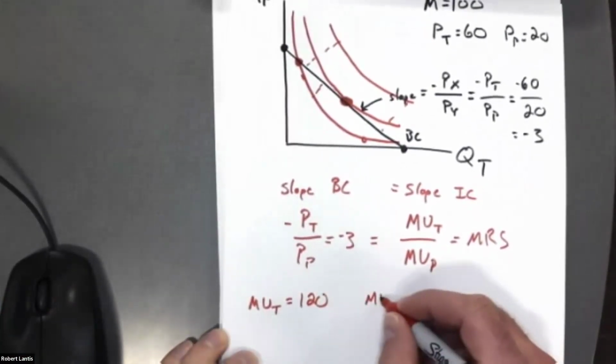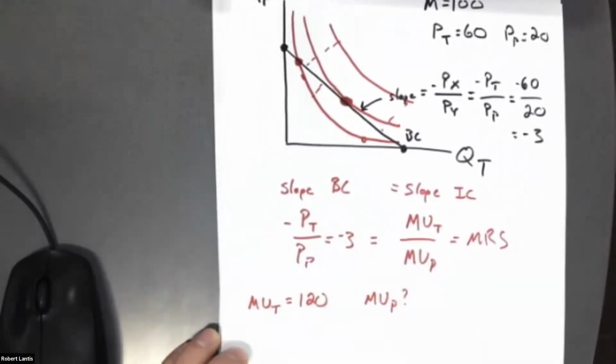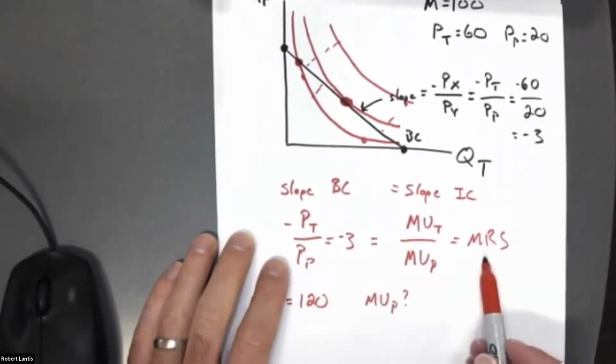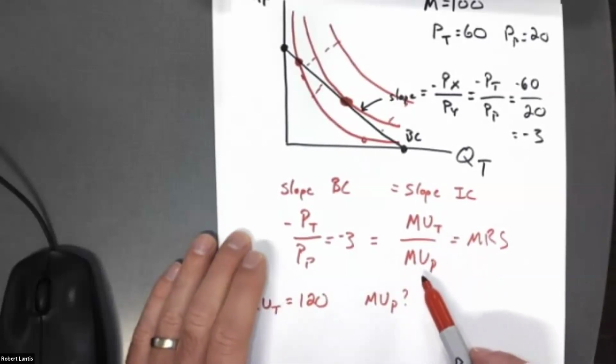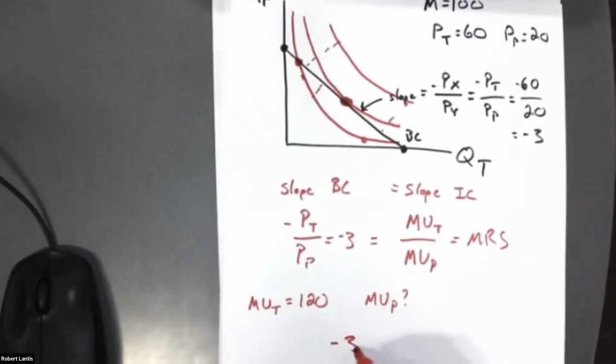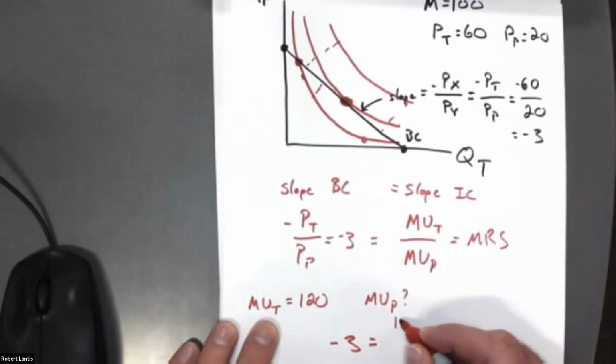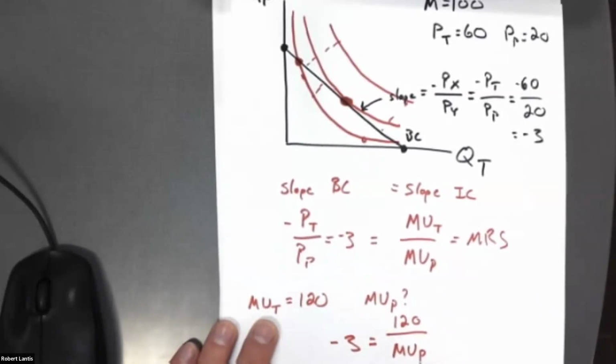And I asked you, what must the marginal utility of the last pizza be? Well, if you know that the slope of the budget constraint is equal to this marginal rate of substitution, then I know that -3 must be equal to 120 over that marginal utility of the last pizza.